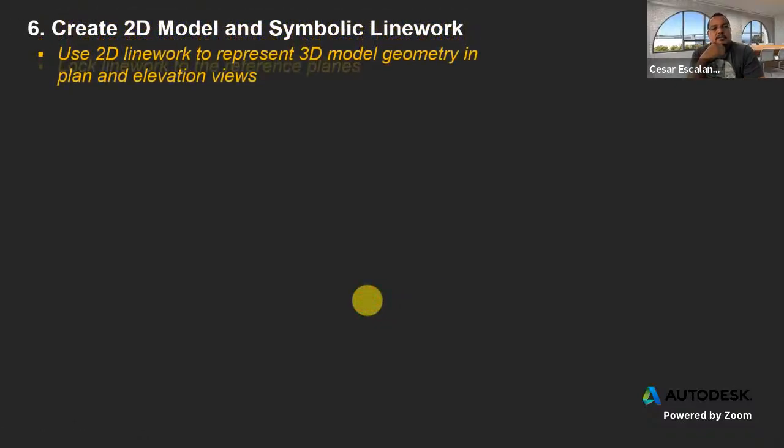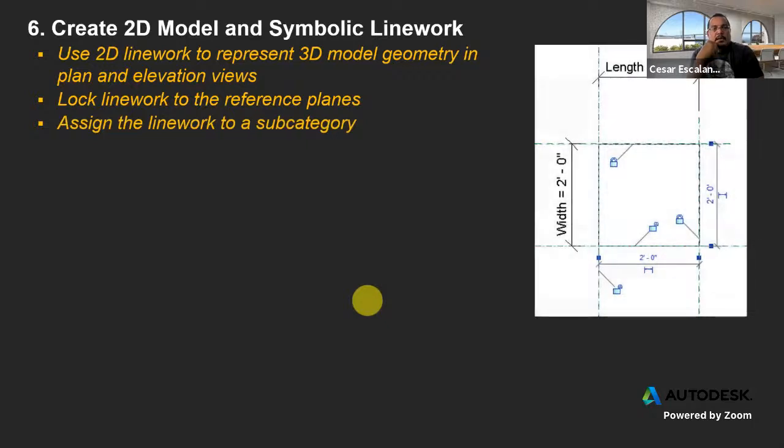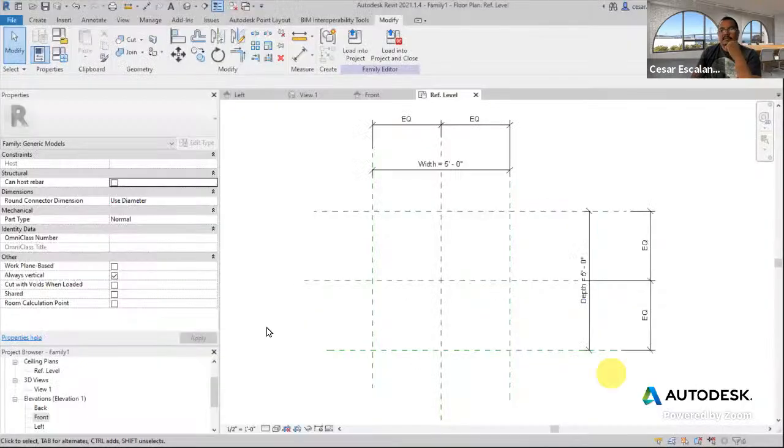So we need to add two-dimensional or symbolic lines. In this particular table example, I'm not going to add symbolic lines, or maybe, yeah, let's do one symbolic line. Let's say that this table needs to have symbolic lines that look like an X. So I'm going to go to Revit and add the symbolic line.